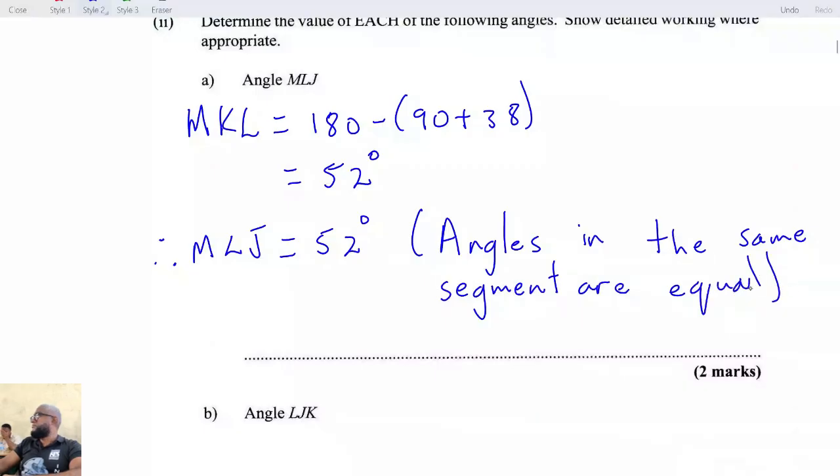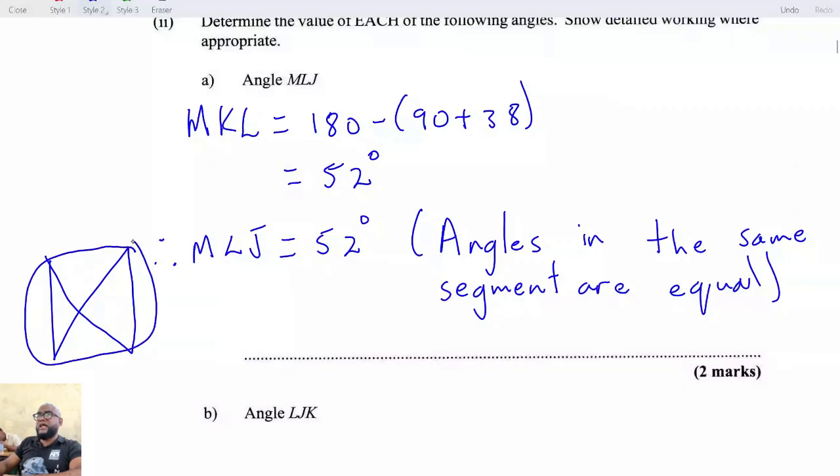Everybody good there? Once you see this being formed in a circle, this angle is equal to this angle. You all see that? Then this angle is equal to this angle. All 4 points must be touching the circumference. Are we clear? We good there? Yes. Write it down.